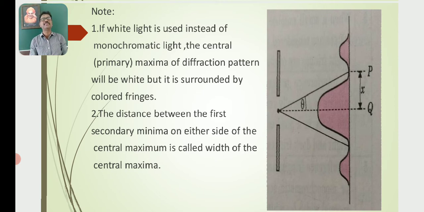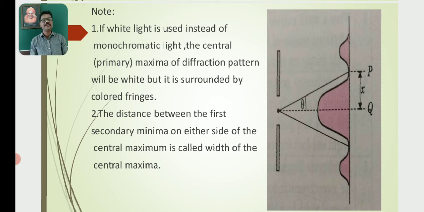The central maxima of the diffraction pattern will be white, and it is surrounded by colored fringes. That is the nature of the diffraction pattern obtained if we have used white light or polychromatic light instead of monochromatic light.